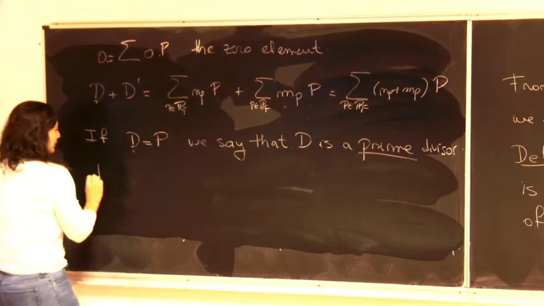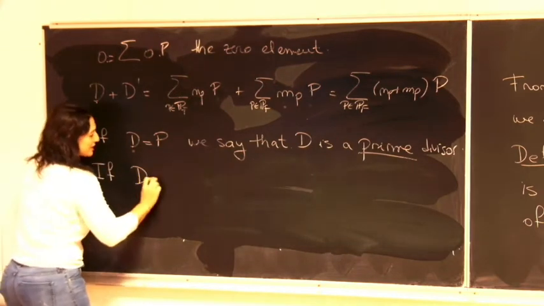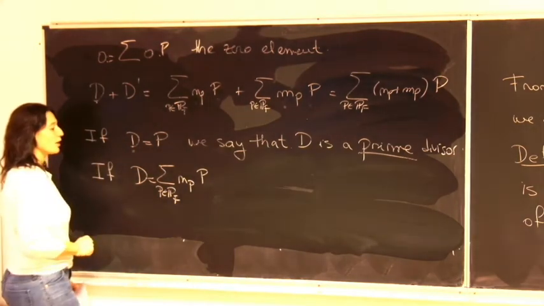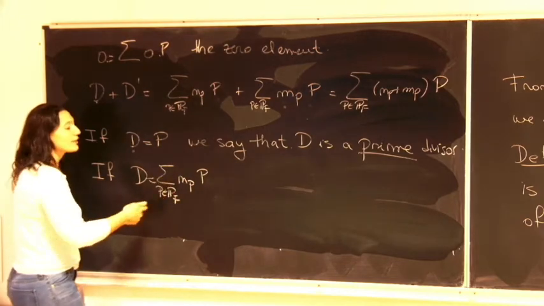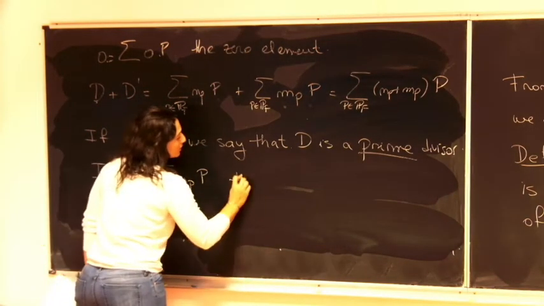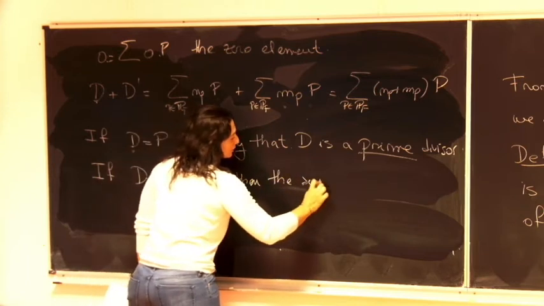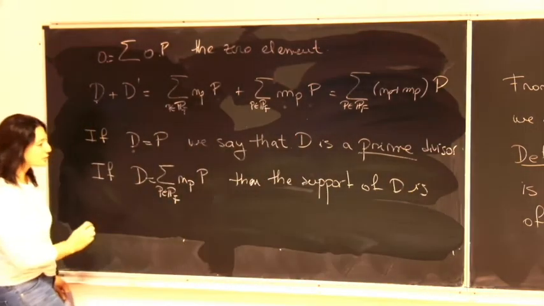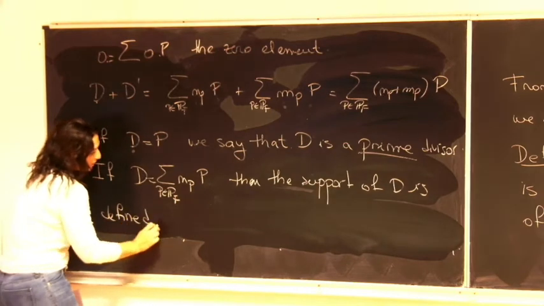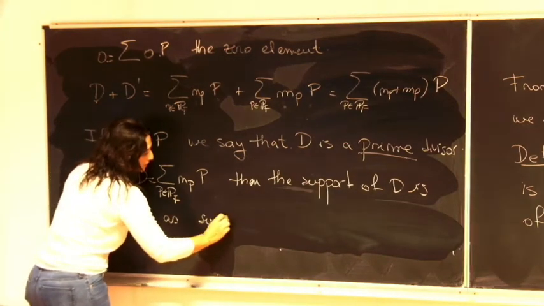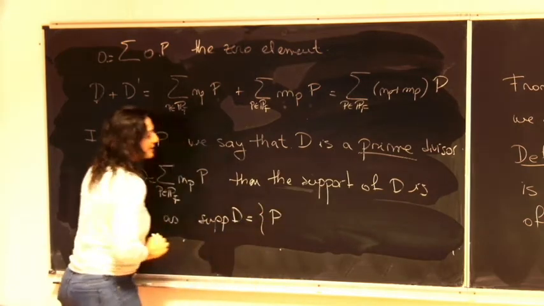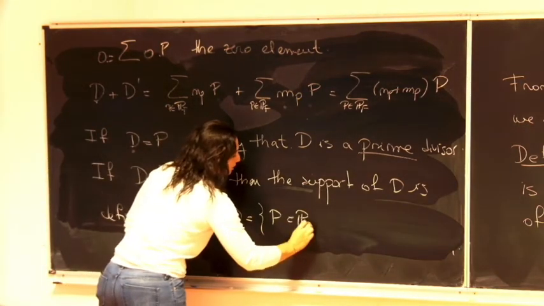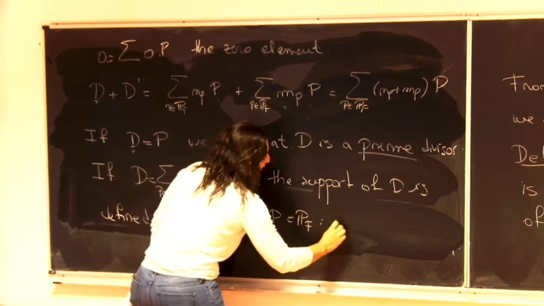So if D is equal to the sum of NP times P, where most of these NP are 0, then we define the support of a divisor as the set of places P such that NP is not 0.